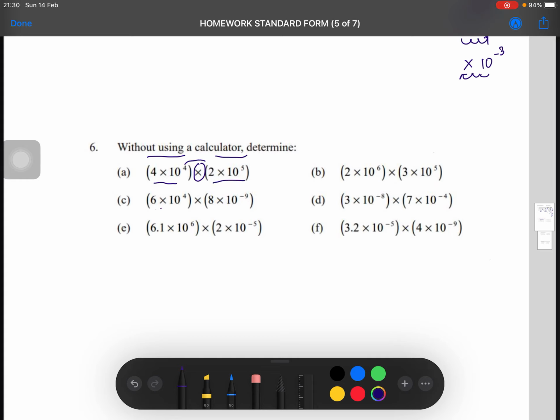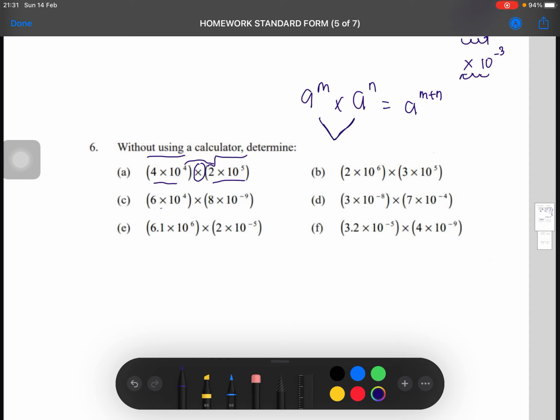Here we apply the concept of the first law in indices. Do you still remember? a to the power of m times a to the power of n is a to the power of m plus n.